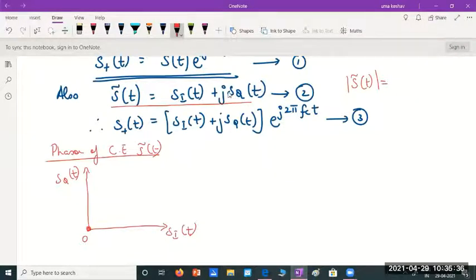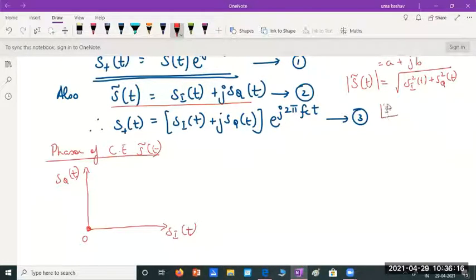It is the root of a square plus b square. So the magnitude here will be the root of s_I square plus s_Q square. And what is the phase?